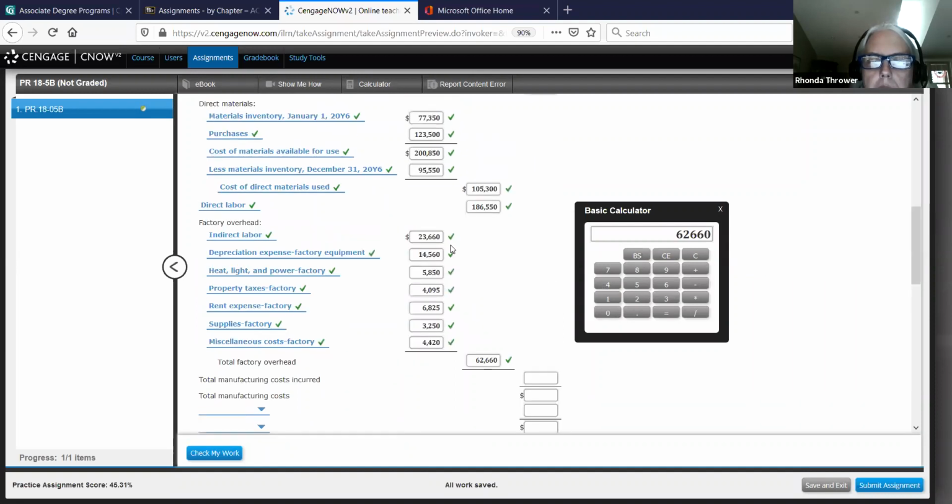So the total of my factory overhead is $62,660.